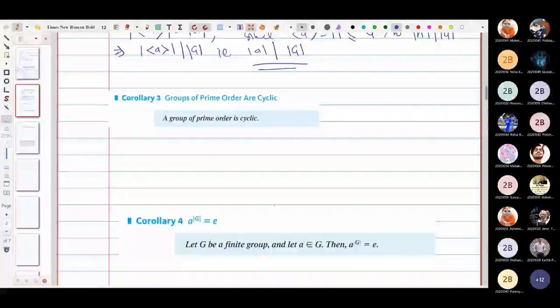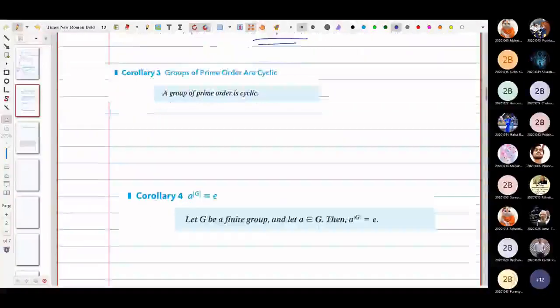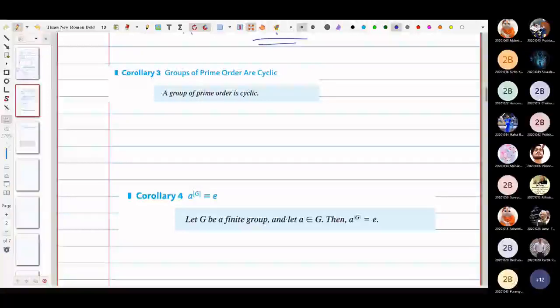So next, corollary number 3: groups of prime order are cyclic. A very important result of group theory. So if G has order 5, this would be cyclic. If G has order some prime p, this is certainly going to be a cyclic group.